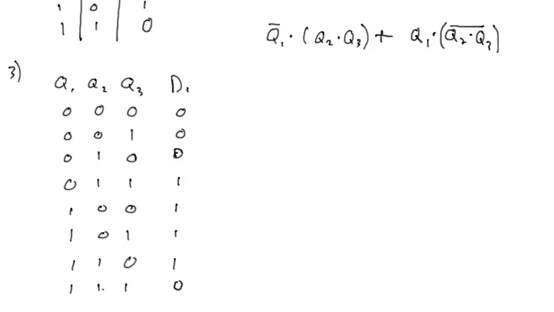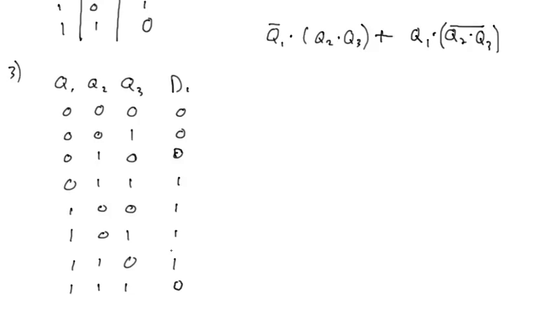That'll give me a 0. In other words, I got a 1 and a 1 into an AND gate, and then I take the inverse of that, and I get a 0, and that's the only time I get a 0. So if either of them is a 0, for instance, then I get a 1. Q2 and Q3 not gives a 0 if both inputs are 1s, and it gives a 1 otherwise. So there's all those 1s. So in either of these two cases, I get a 1.